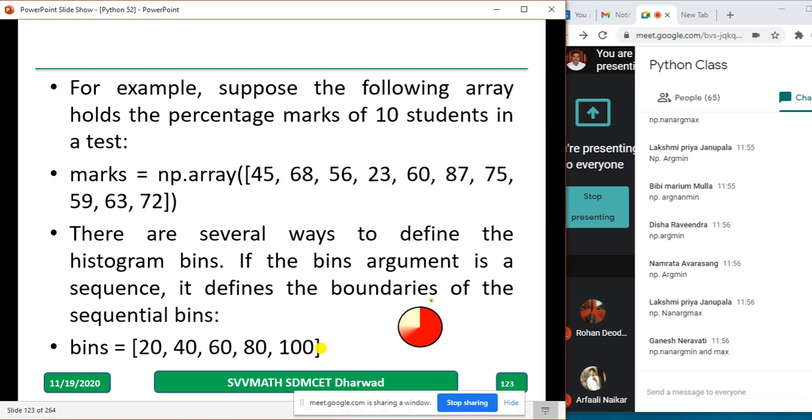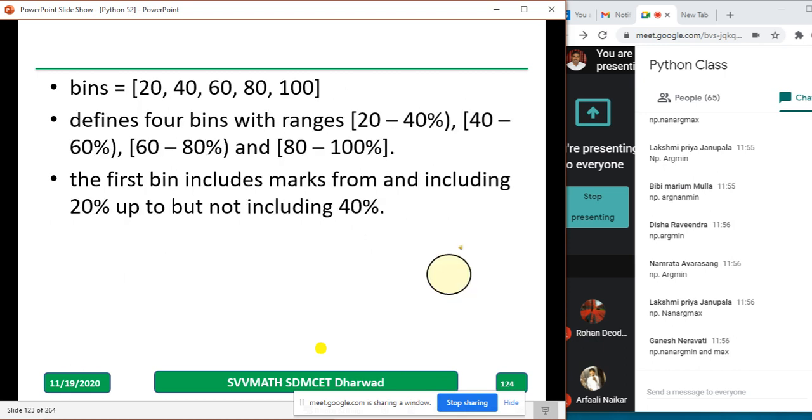Let me go to the next slide. The bins are taken as 20, 40, 60, 80, 100. This defines 4 bins with the ranges 20 to 40, 40 to 60, 60 to 80, and 80 to 100. This line is very important.